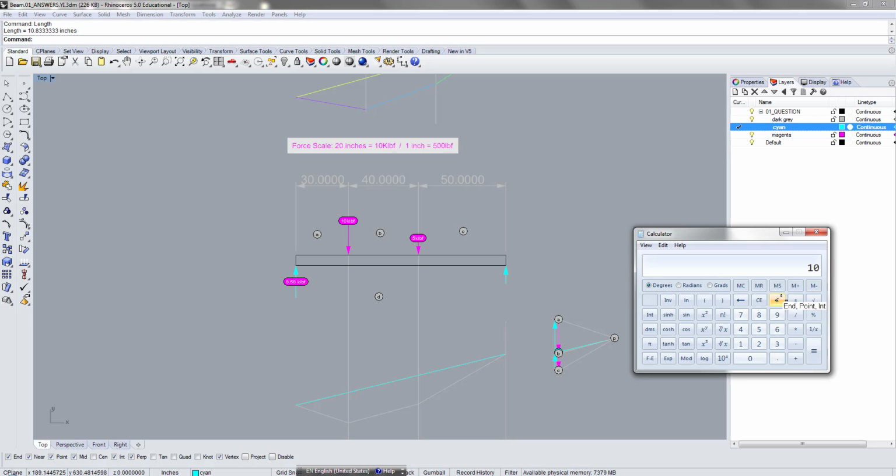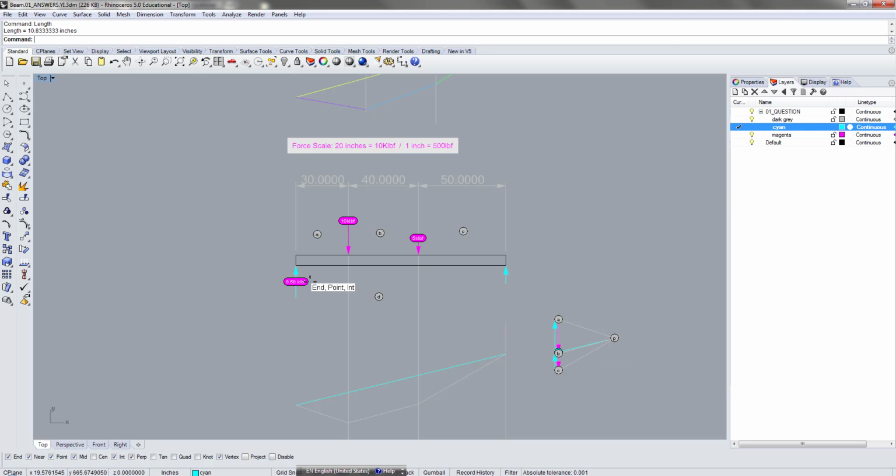So again, if I were to apply that scale, 5.42, that's going to be the reaction on the right side. Again, though, the important thing is if you add these two, it's 15, so it should always be equal to the total of all the downward forces here.